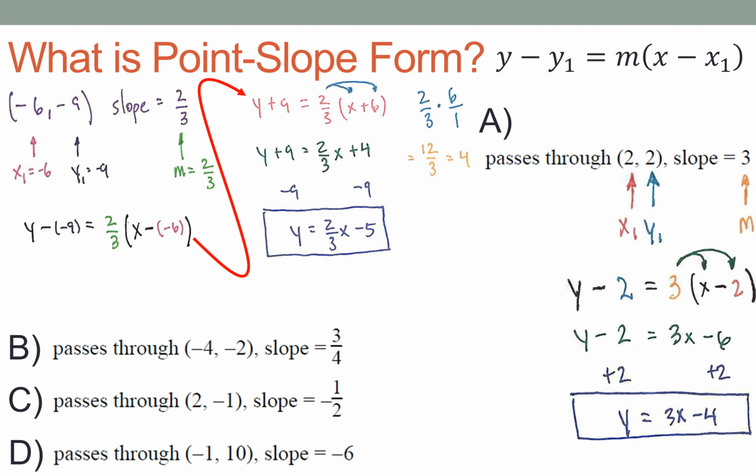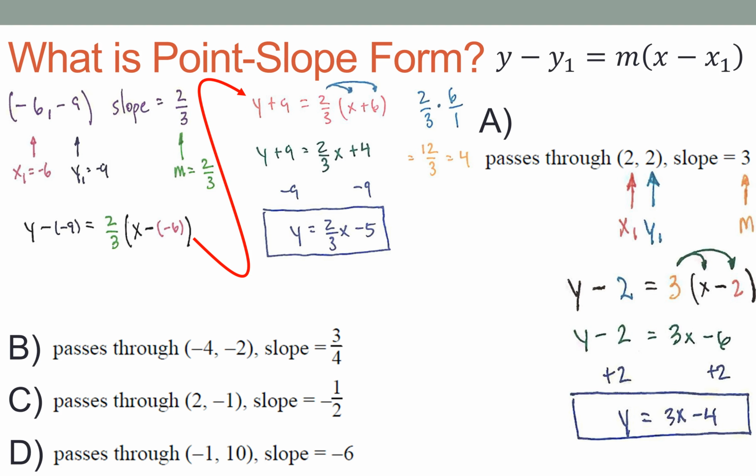This is huge, people. Pause the video and make sure you have both example A written out in your notes and the negative 6 comma negative 9, slope of 2/3 example written in your notebook on the even page.